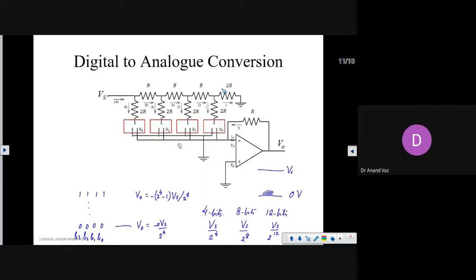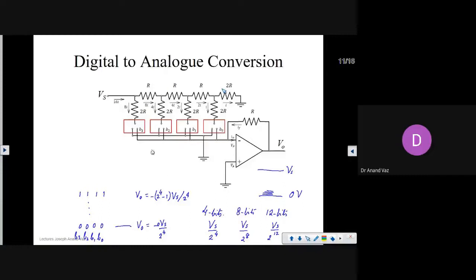If you have more number of bits in your digital representation, you can have more number of steps possible. If you are using 4 bits, then you can have 16 levels possible.